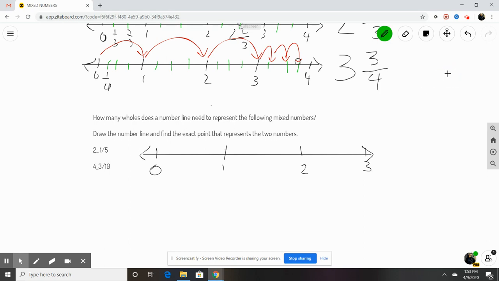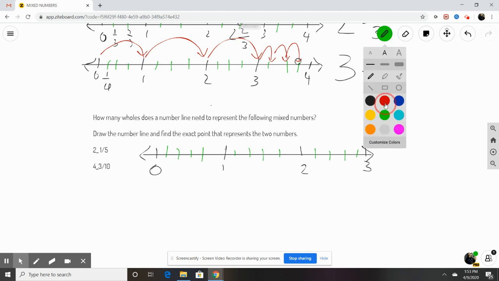I'm going to try to do this as exact as I can. 5 parts. 5 parts. All right, let's verify. 1, 2, 3, 4, 5. Each whole is split in 5 equal parts.